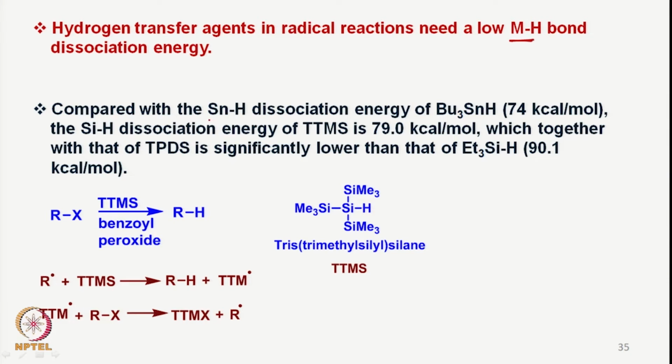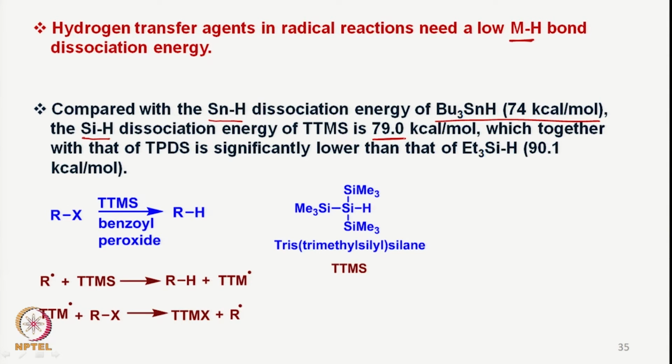So compare with the tin-hydrogen dissociation energy of tributyltin hydride, which requires 74 kilocalories per mole, the silicon-hydrogen dissociation energy of TTMS is approximately 79.